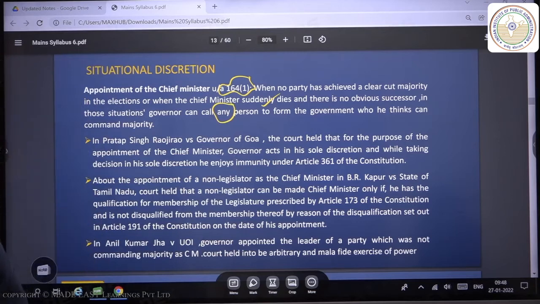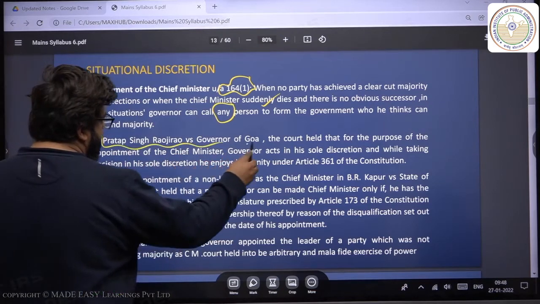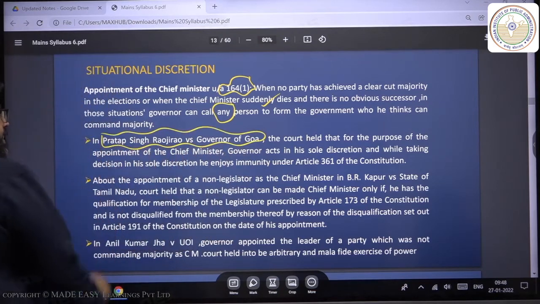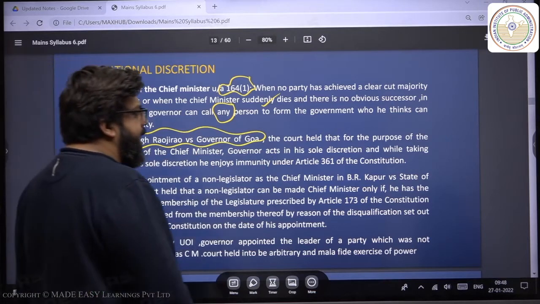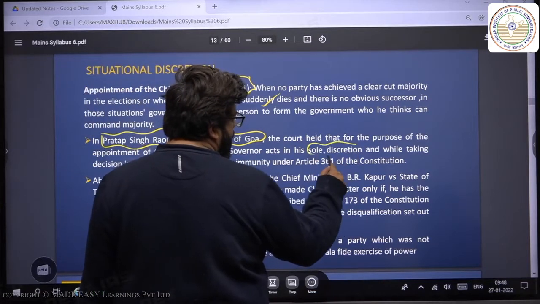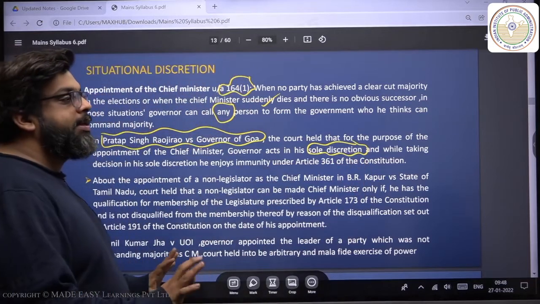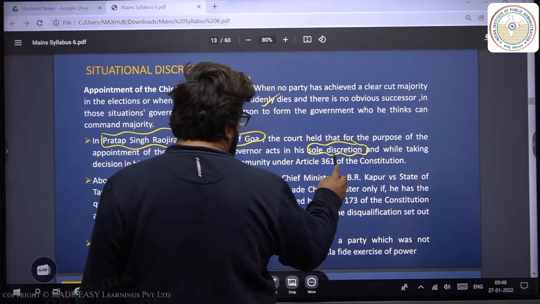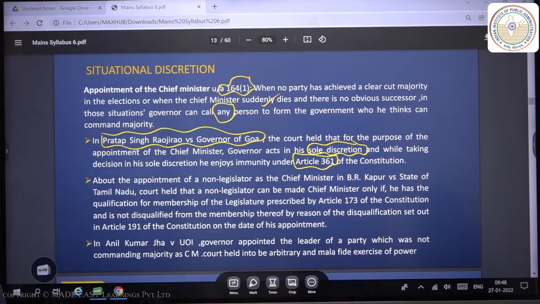can command majority, right? Now, for example, in the Pratap Singh Rajirao versus Governor of Goa, the court held that for the purpose of appointing the chief minister, the governor is acting in sole discretion, and while taking this decision, you enjoy immunity under Article 361 of the Constitution.